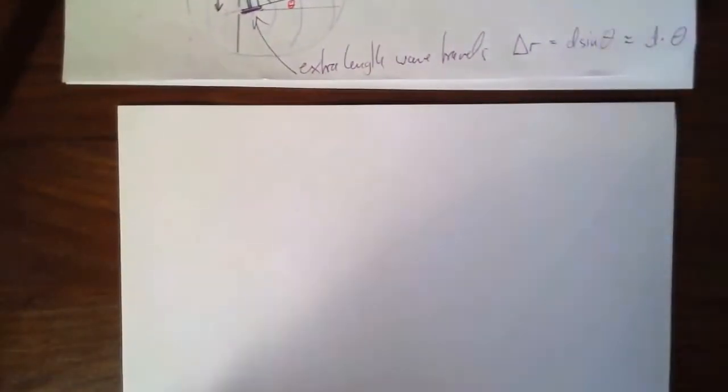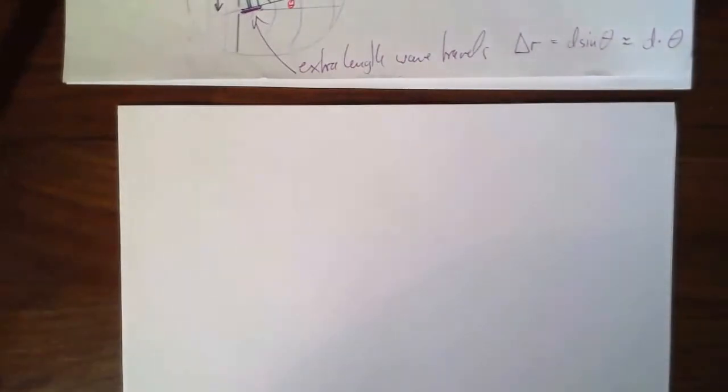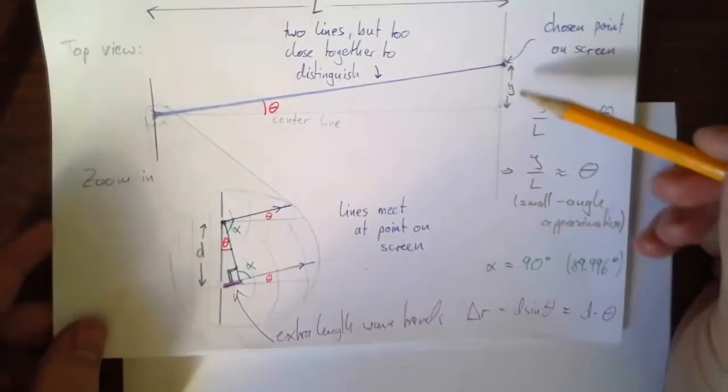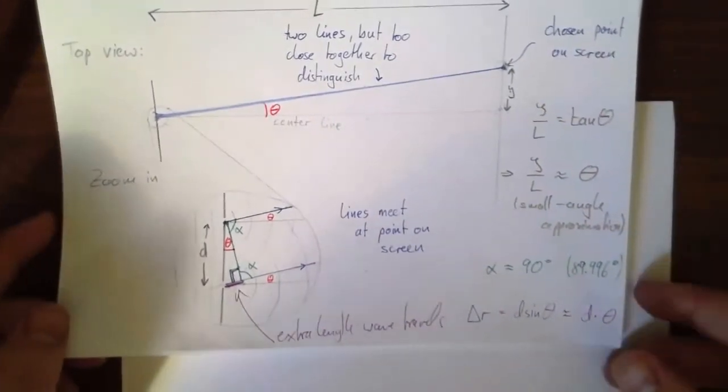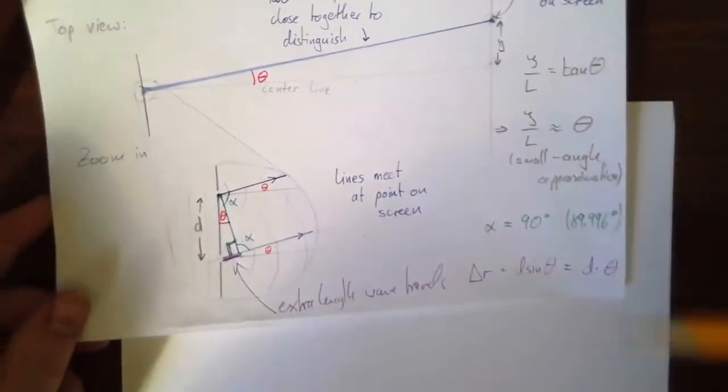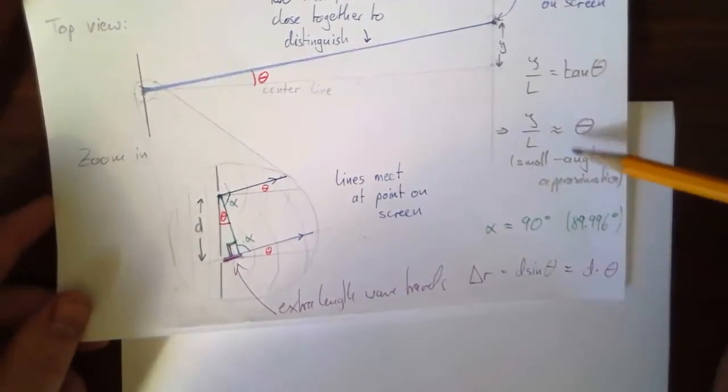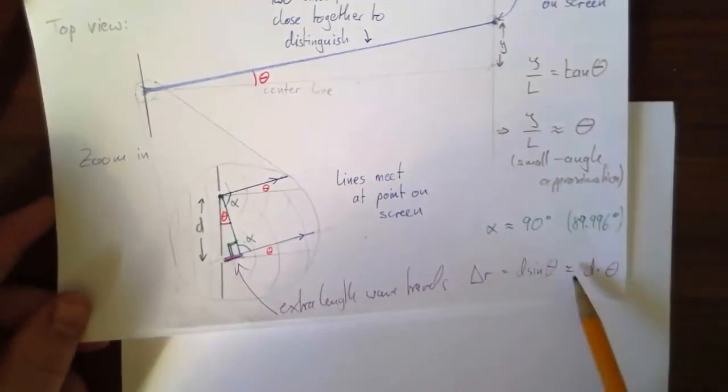So now we've got to put the pieces together to figure out, well, for what y values here do we get a maximum or a minimum? Right, so what do we have so far? We've got this here, and we've got this here.